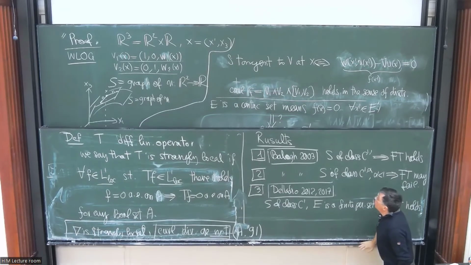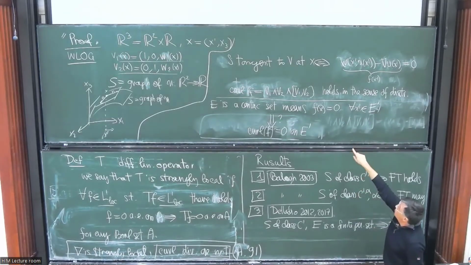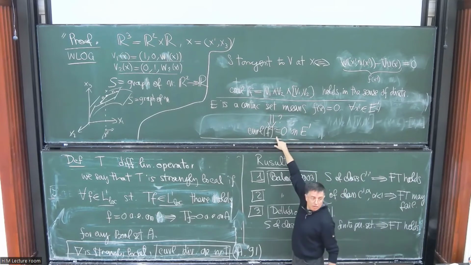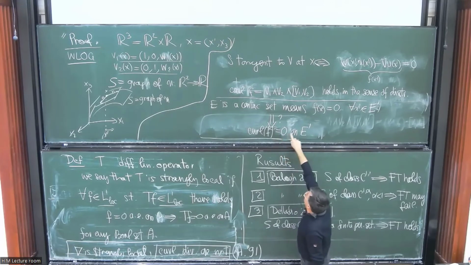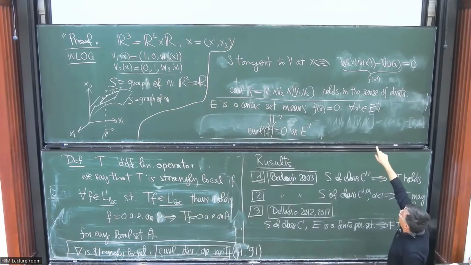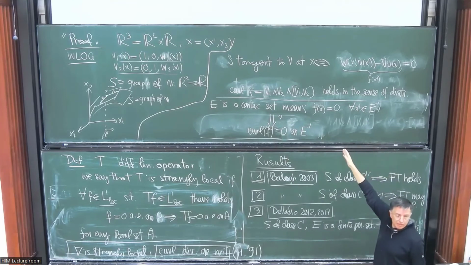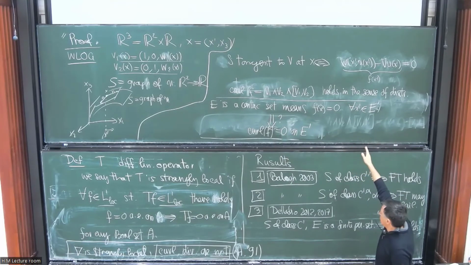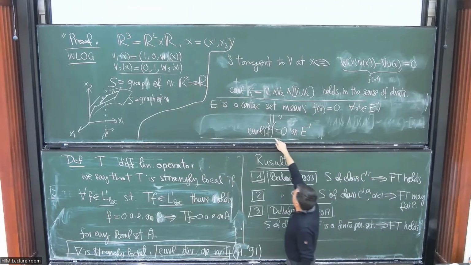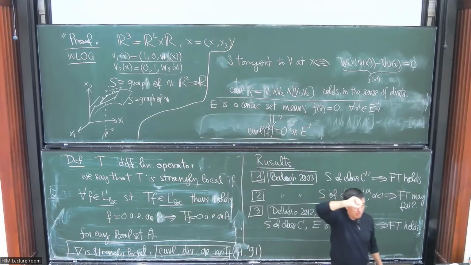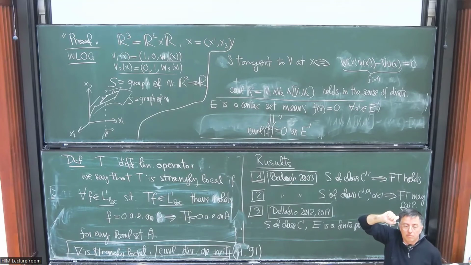So when you go through this implication over there, you see that you would like to have the strong locality of the curl. Now, if you assume that the surface u is of class C^{1,1}, then f is of class C^{0,1}, which is W^{1,infinity}, okay?